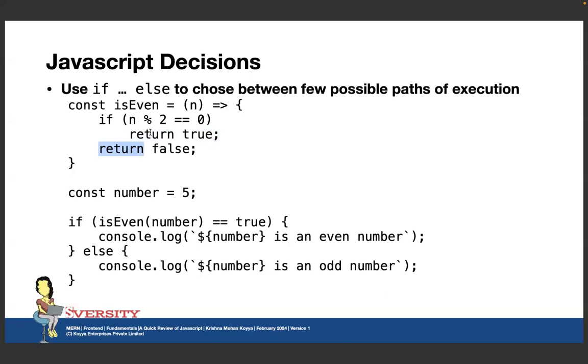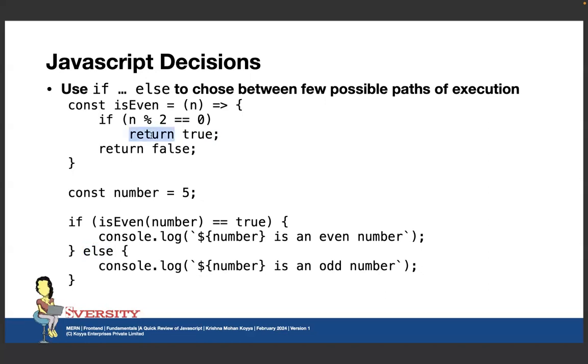So how many branches am I having? Only one branch. If it is the case, do this. Otherwise, do this. In these kinds of situations where you have only a couple of possible paths of execution, choose the if-else statements. See, here I have only if. Here I am using if-else.